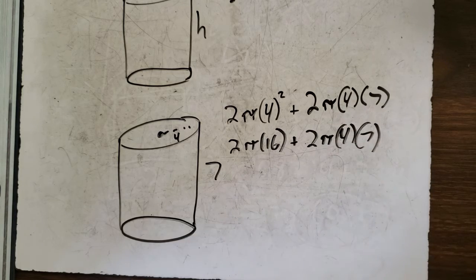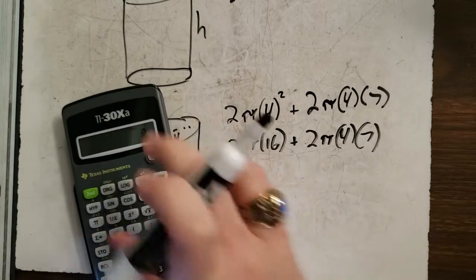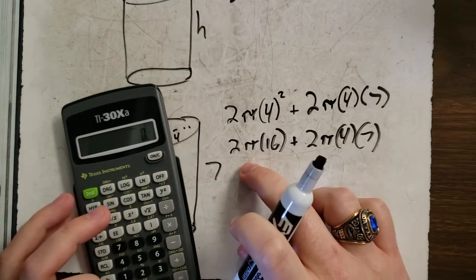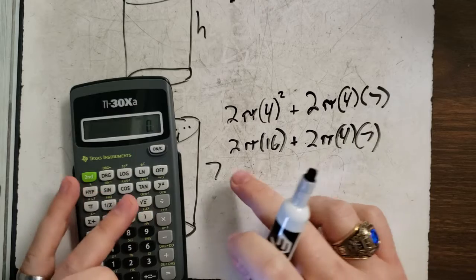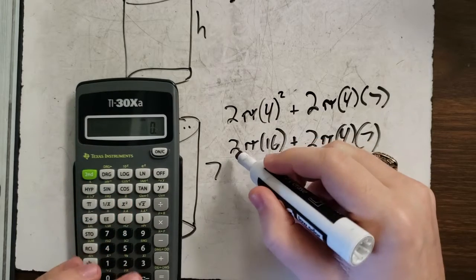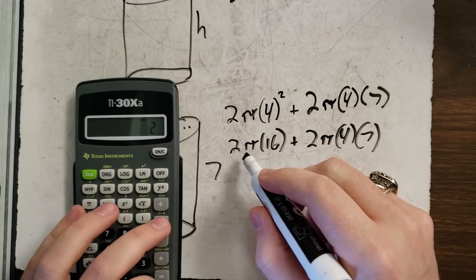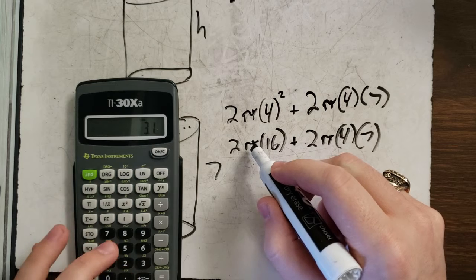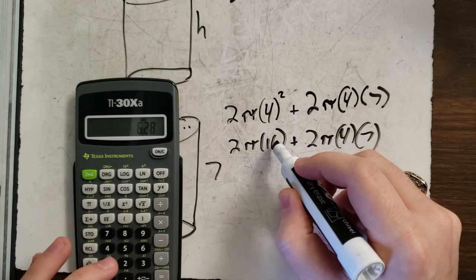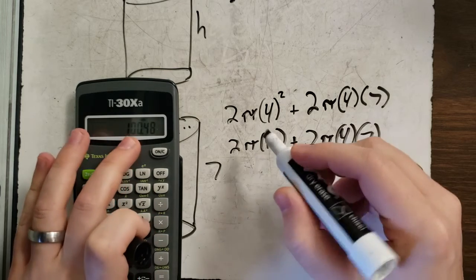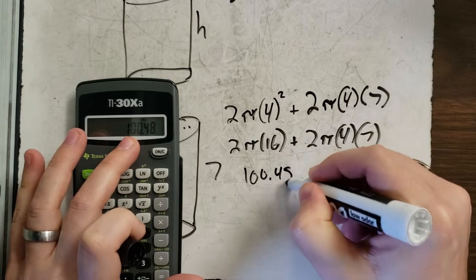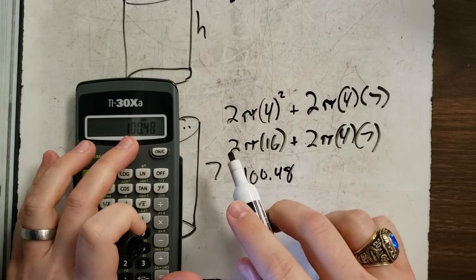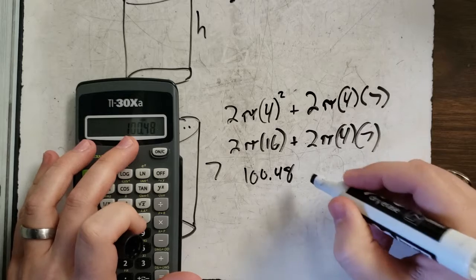Now, simple multiplication. You can use the pi button, you can use 3.14, it's up to you, it doesn't matter. So we do 2 times 3.14 times 16 equals 100.48. All I did was multiply that times that times that.